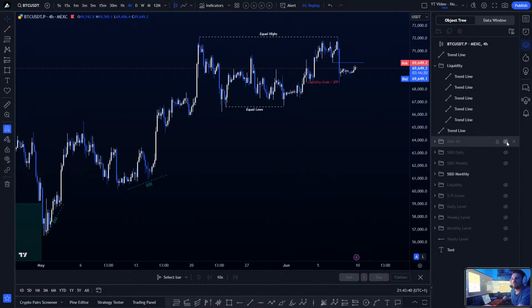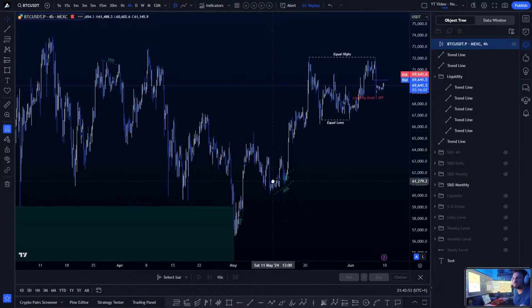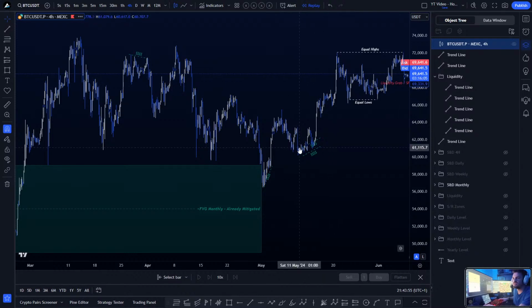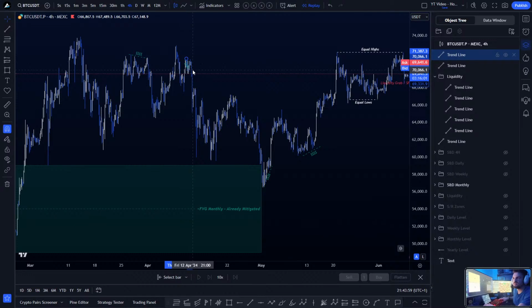Okay. I think that is it. By the way, we can just mention that we have had a strong reaction because we came for these highs, took out shorts over there.